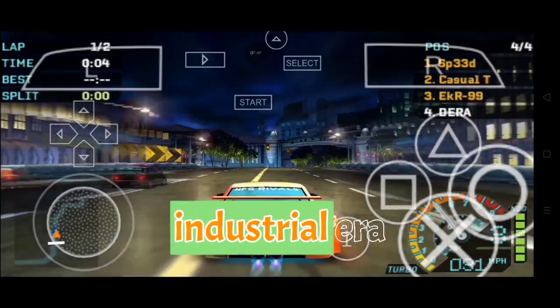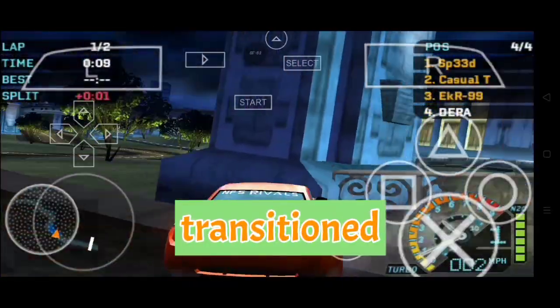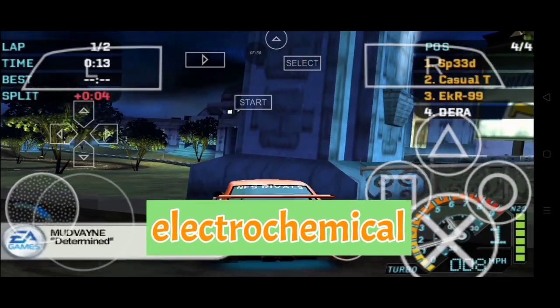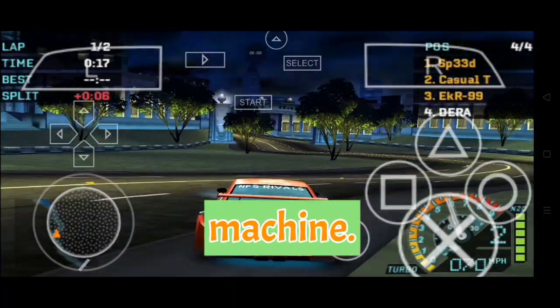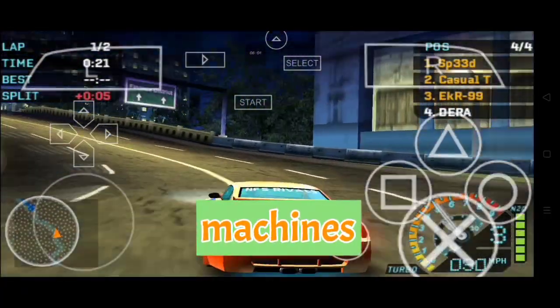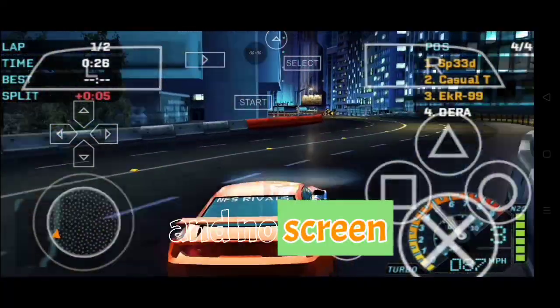As the industrial era progressed into the mid-20th century, game design transitioned from pure tabletop math into an engineering challenge of physical electromechanical constraints. Look at the architecture of a vintage pinball machine or an early electromechanical arcade unit. These machines possessed no digital memory chips, no microprocessors, and no screen buffers.